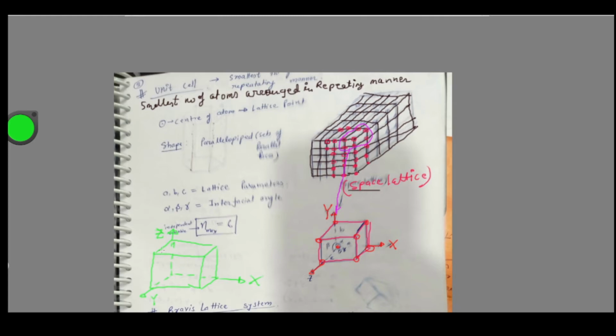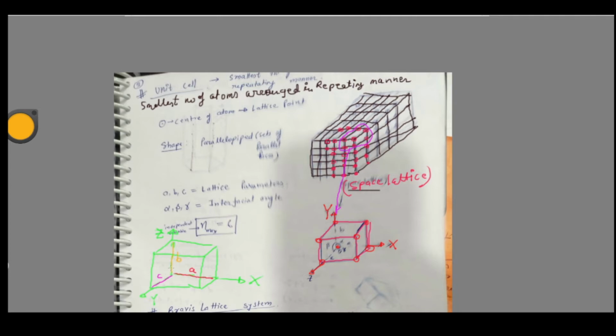Okay, so this side is a, this side is a, this side is a, this side is c, and this side is b.